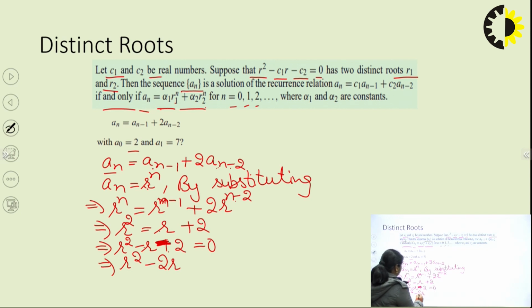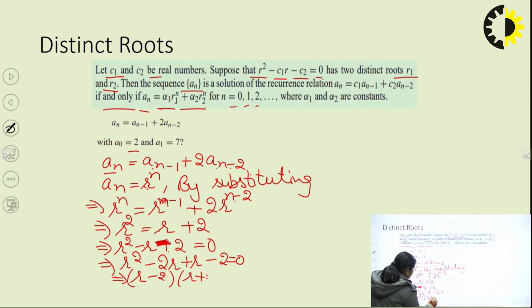So it will be r square minus 2r plus r minus 2 is equal to 0. So simply I am getting (r minus 2) into (r plus 1). So what did I get from here? r has two roots, 2 and -1.